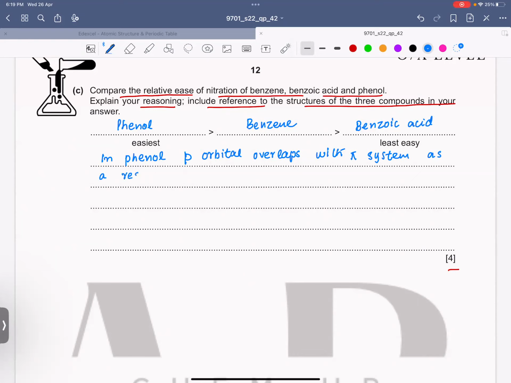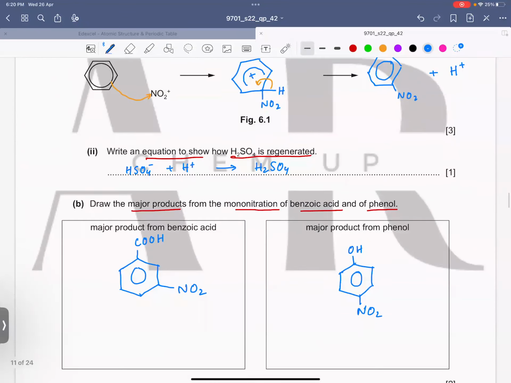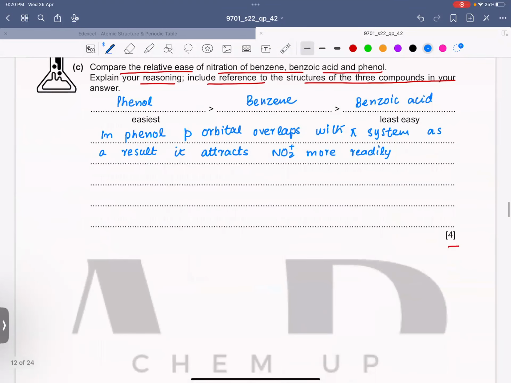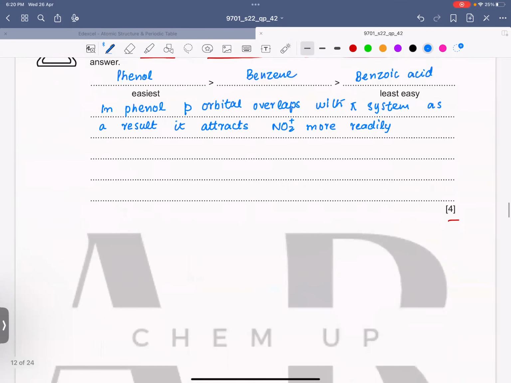As a result, it attracts the NO2 positive more readily. See, that overlapping p orbital is the one which has a lone pair of electrons. Let me draw over here.